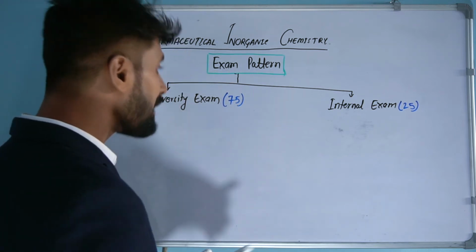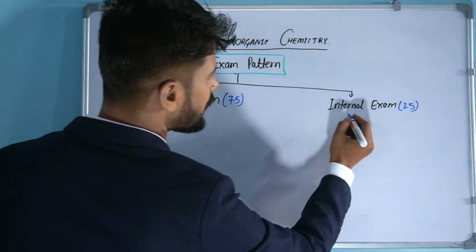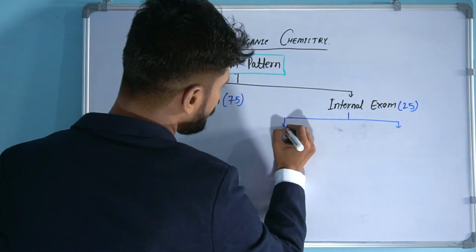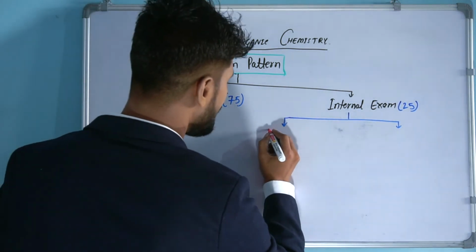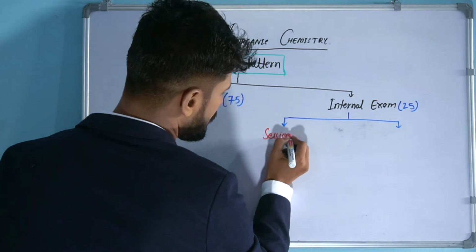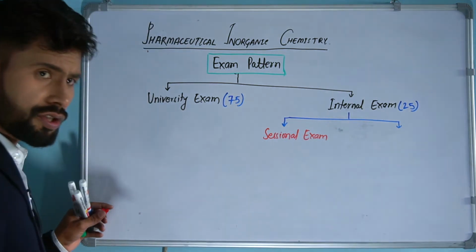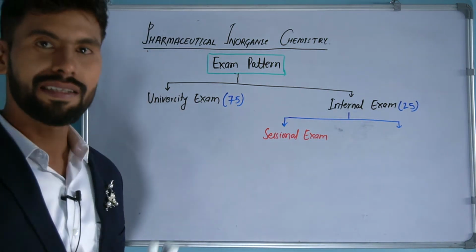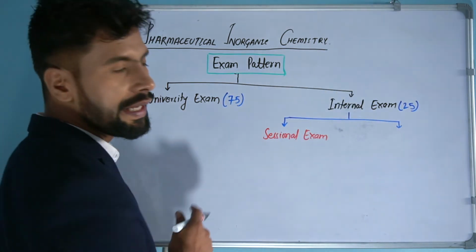Okay, so we'll further divide this internal marks, that is 25 marks, into 2. One you will get from the written exam, that is your sessional exam. Your college or institute will conduct certain sessional exams, and those marks will be utilized to count your internal marks.